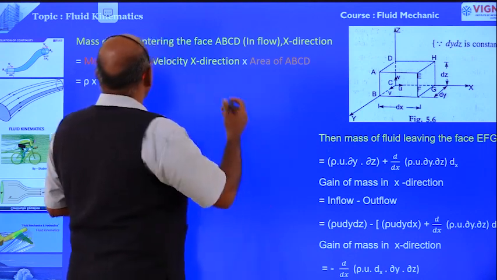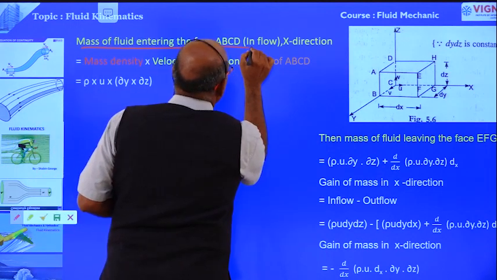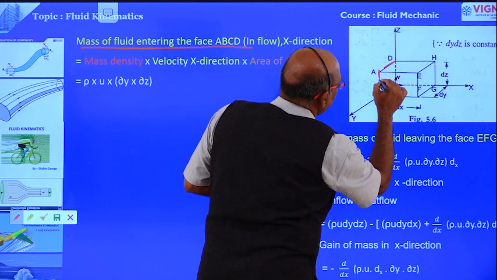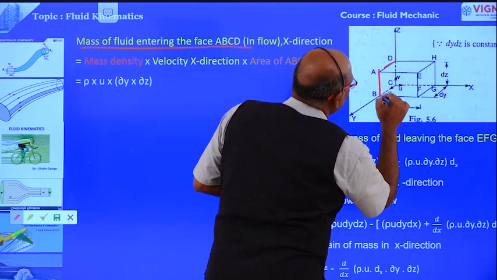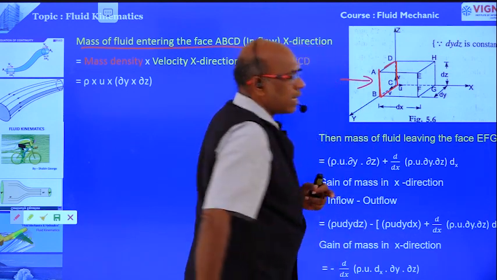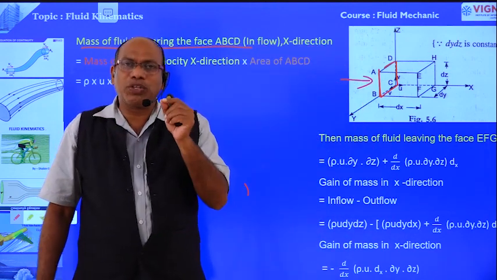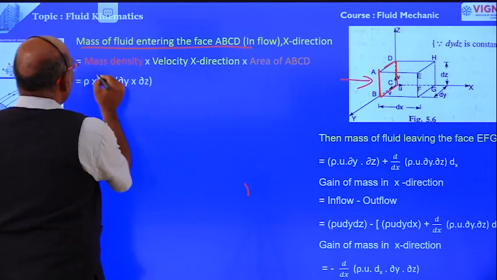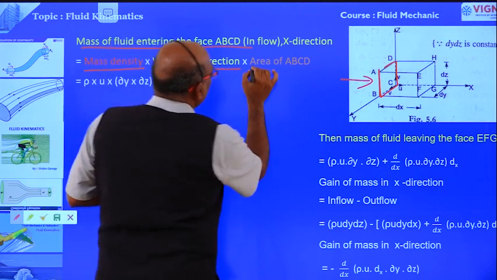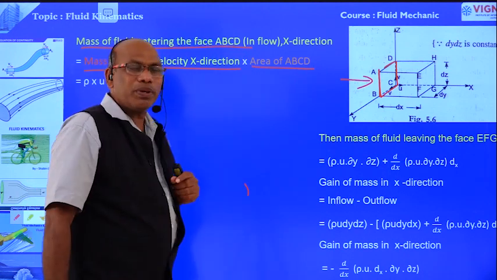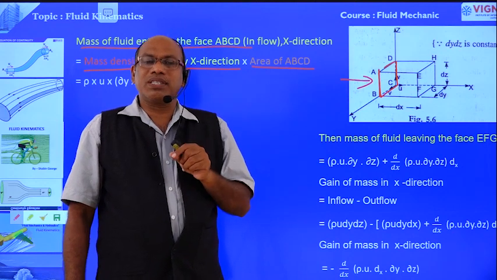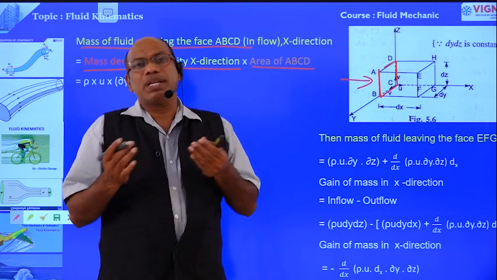Here in the first case, mass of fluid entering the face ABCD. This is the face ABCD. Mass is equal to, as I already told you, mass density into velocity in the x direction into cross-sectional area. Volume flow is also nothing but discharge. The discharge is equal to velocity into area.